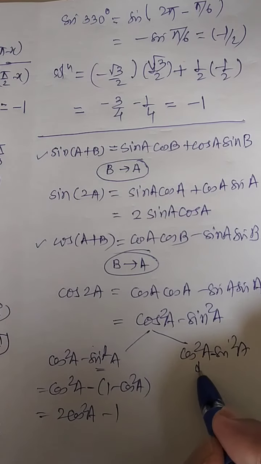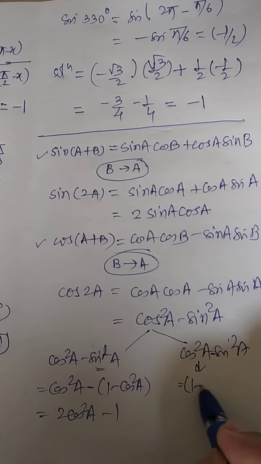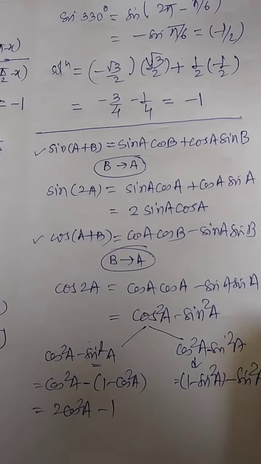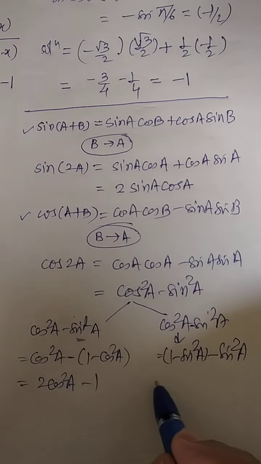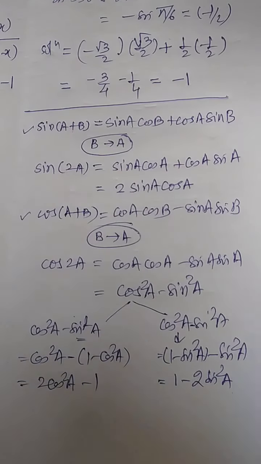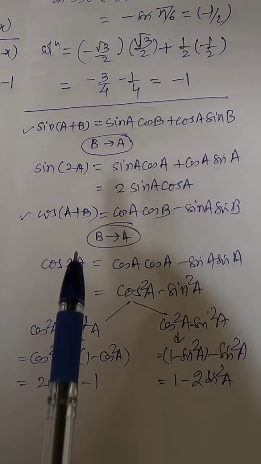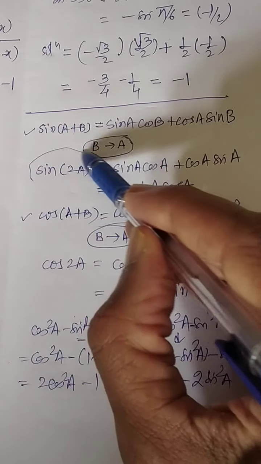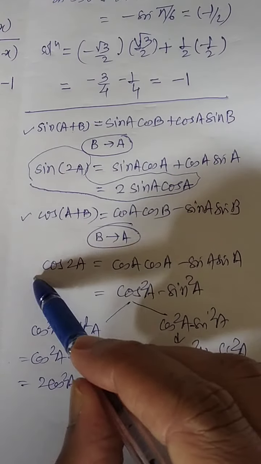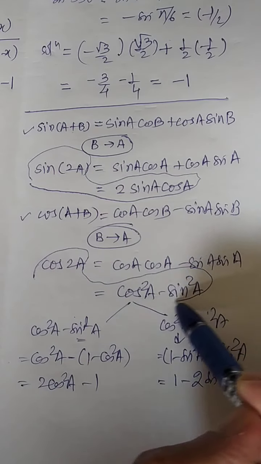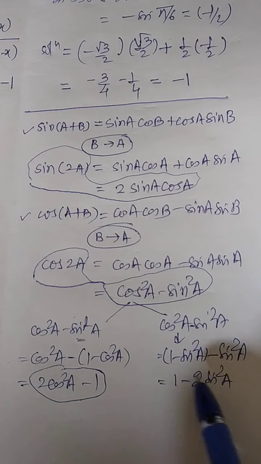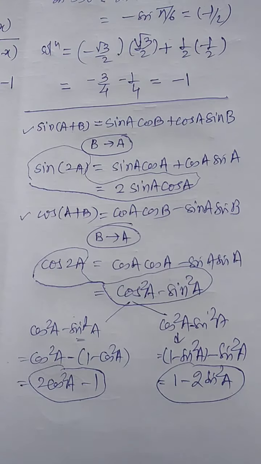Similarly here I am changing cos square A, it will be 1 minus sin square A. Over here also minus sin square A. If you further simplify you will get 1 minus 2 sin square A. So for cos 2A you have 3 remarks. For sin 2A you have only this remark. Cos 2A you have this 1 remark, this is also another answer, this is also another answer. So 3 remarks are there.